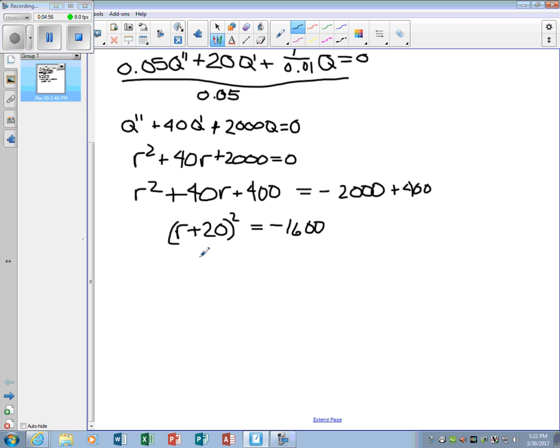If we take r plus 20, it means we have to take the square root of this, and what we come up with is a nice little 40i.